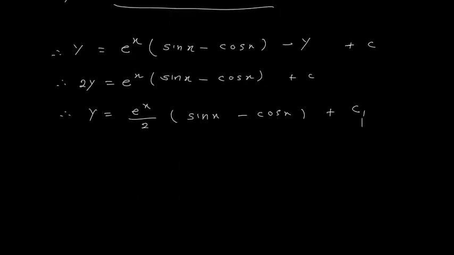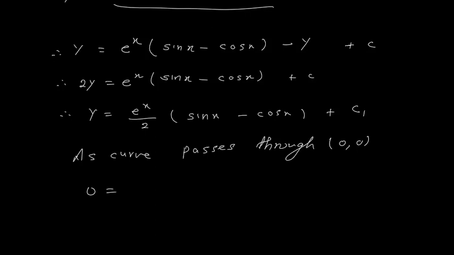So as the curve passes through (0, 0), we have 0 is equal to e^0 is 1, 1/2 into sin 0 is 0 minus cos 0 is 1, plus c1. So therefore c1 is equal to half.